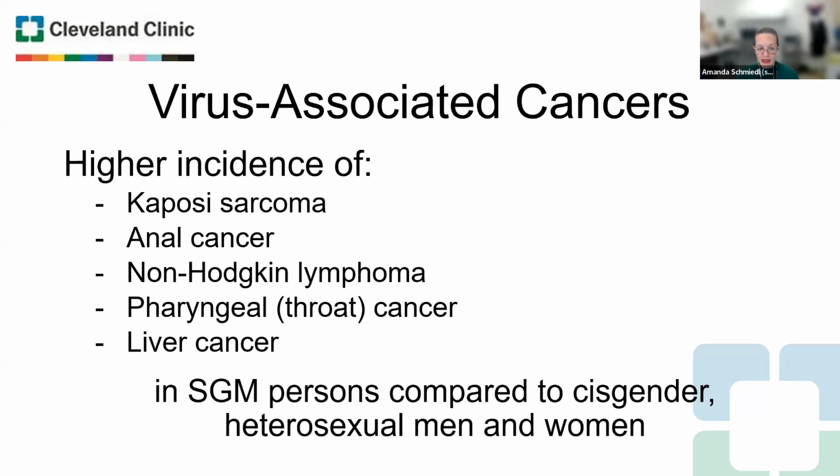Anal cancer, which is both HPV and HIV associated, but another risk factor for this is repetitive anal intercourse. So those who participate in repetitive anal intercourse, such as males who have sex with males, are at higher incidence of anal cancer.